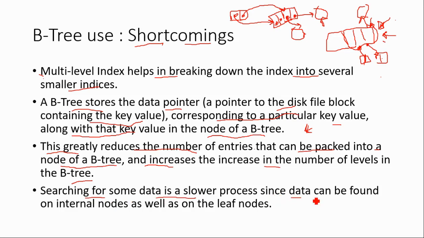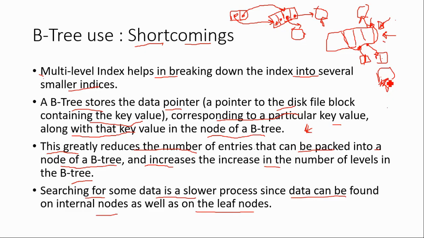Data can be found on internal nodes as well as on the leaf nodes. Since data pointers are also stored in the internal nodes, we have to access the whole tree, meaning the leaf nodes as well as the internal nodes and the root.